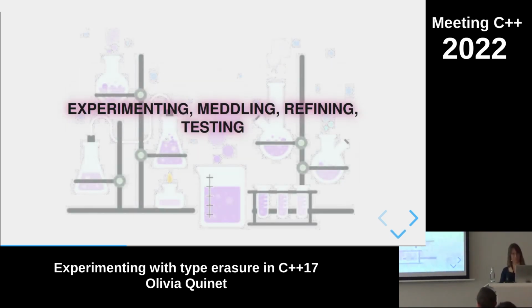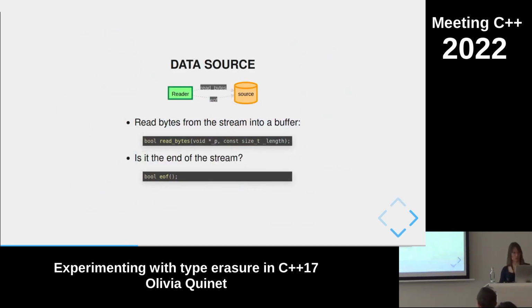Now that is the experimenting part. Now we have the goal where I want to go, and I will show you what happened. For the data source, again, it's to think about what we need for the data source. What are the methods that we want to have? We want to read, of course, bytes from the data source.